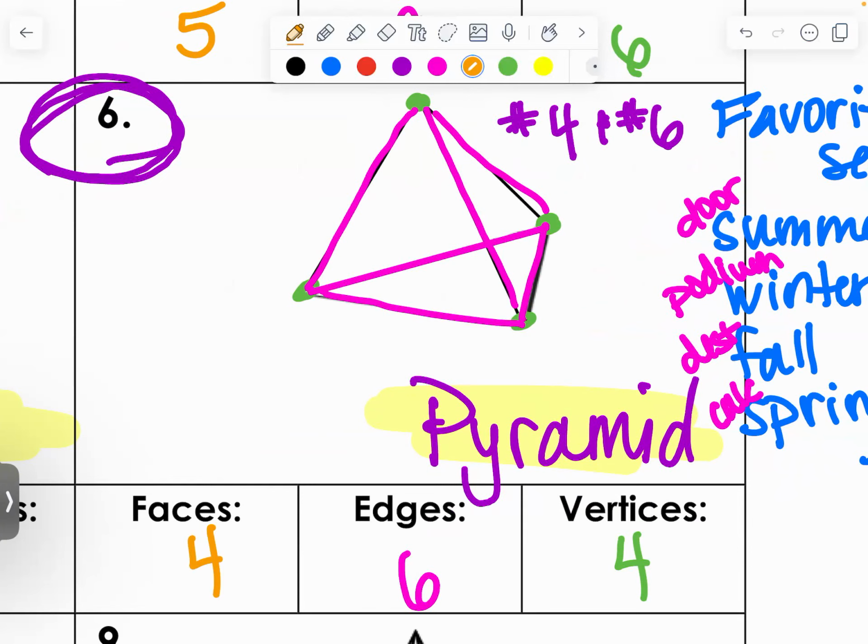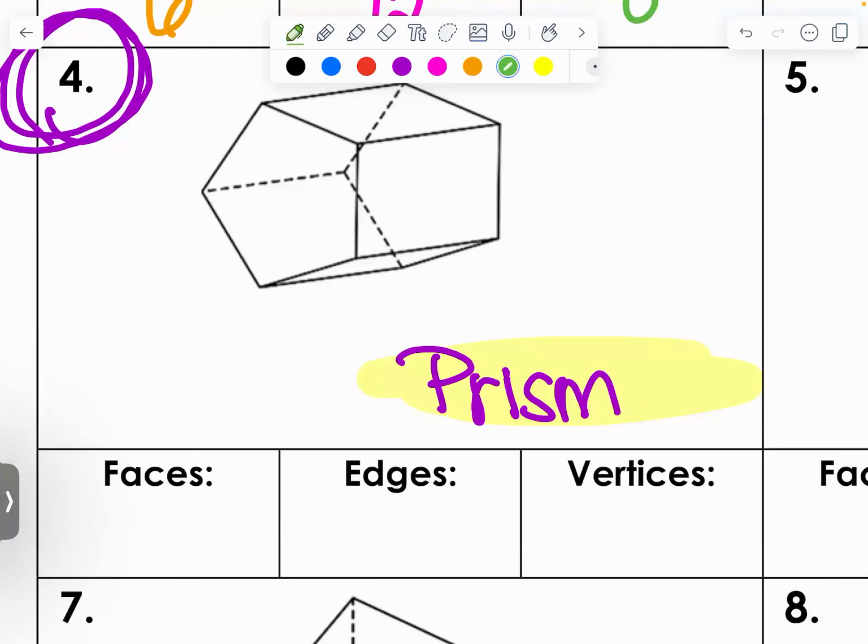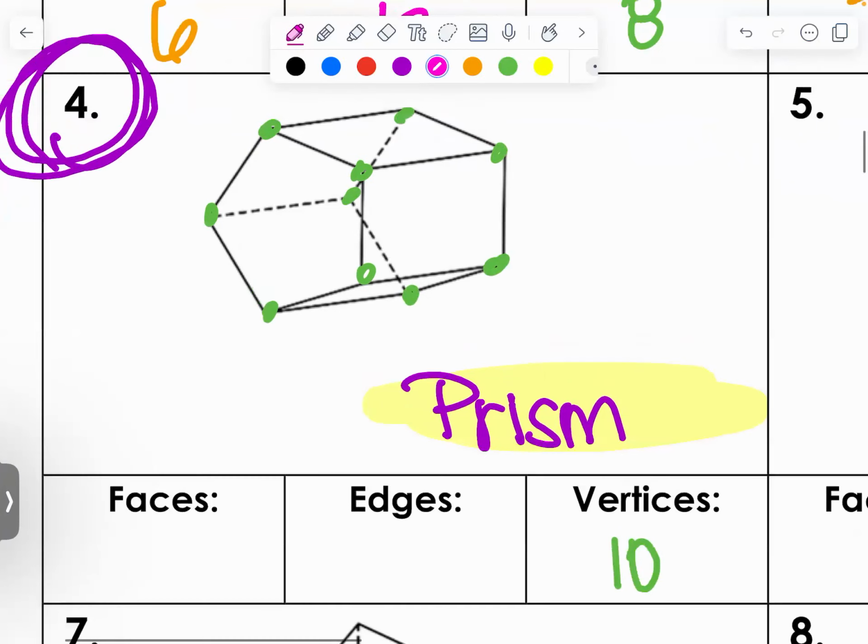Okay, all right, Leah, how many vertices do we have on number 4? We have 10. Yikes. 10 vertices. Cash, how many edges do we have? Let me count. You should have already counted.